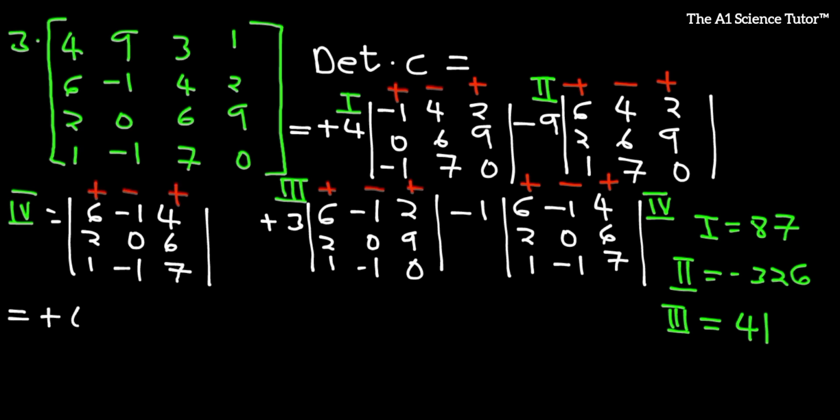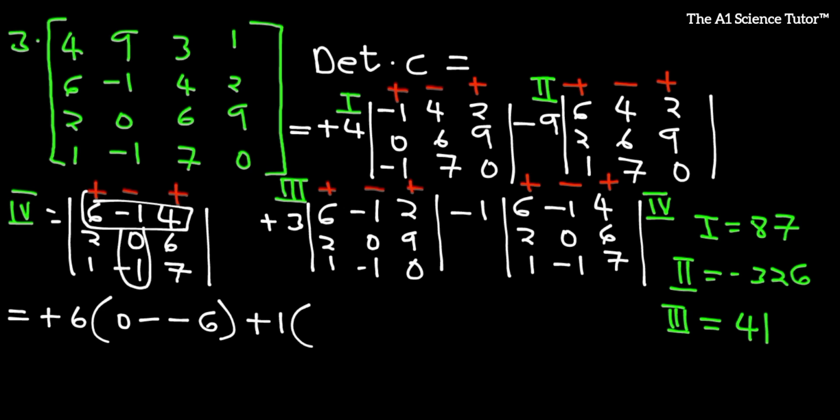So we have a plus 6, and of course this is the cofactor. So that should give us 0 multiplied by 7, which is basically 0, minus negative 1 multiplied by 6. That is going to give us a negative 6. Now we have negative, negative 1. Now if you have minus, minus 1, of course that is going to give us a plus 1.